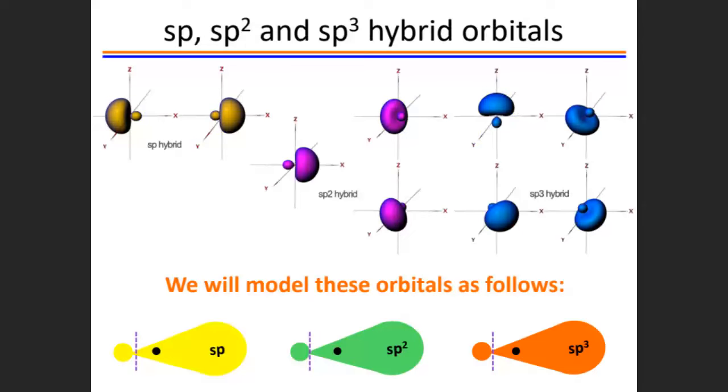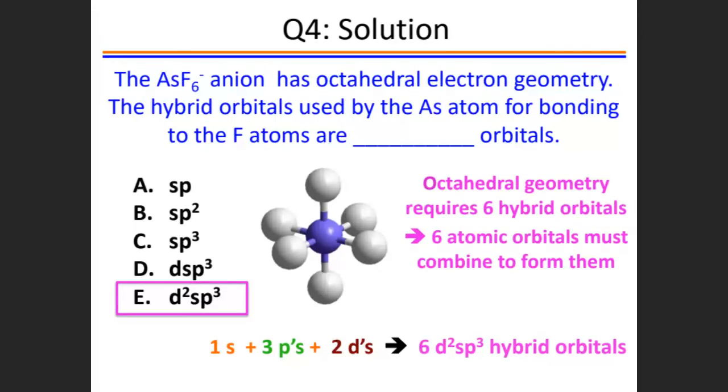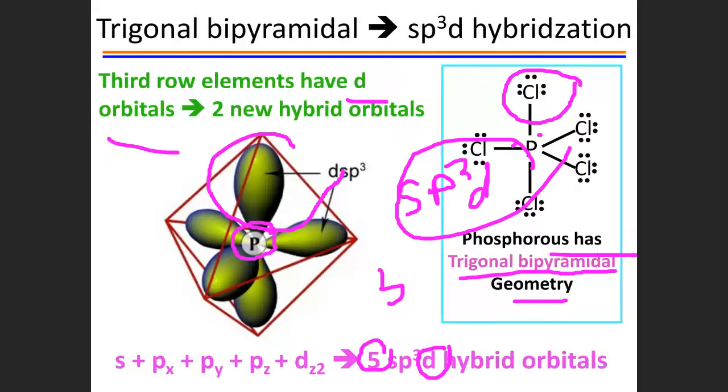So we have here sp, sp2, sp3, and also some other additional ones we saw. This one is octahedral, d2sp3. Before that we saw trigonal bipyramidal, sp3d. You just need a little bit of reminding here.